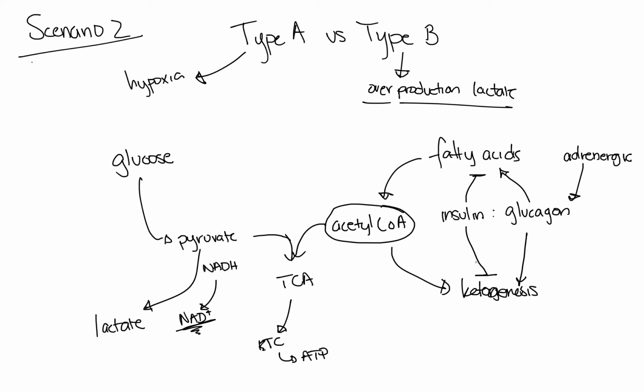Well, it also turns out that if you have so much acetyl-CoA here, right, and the TCA cycle is getting backed up, the pyruvate is also going to get pushed in this direction towards lactate as well. And the reason for that is just that you're overwhelming this side of the equation with acetyl-CoA.